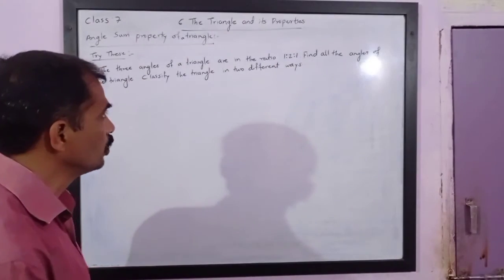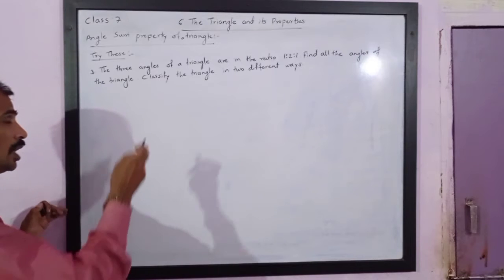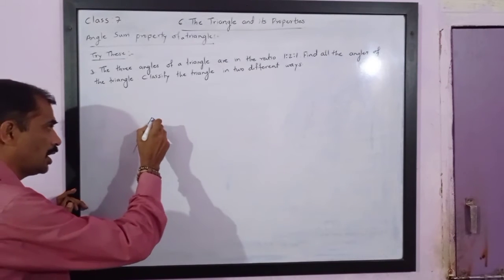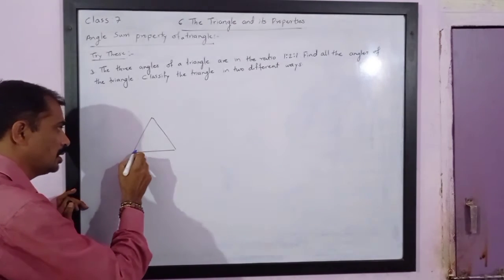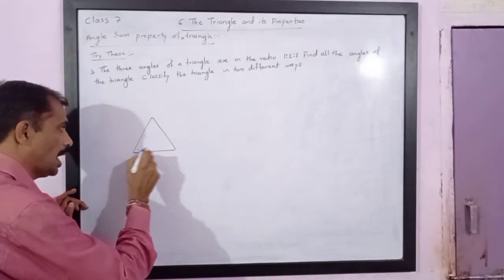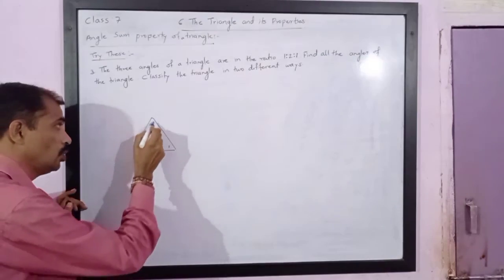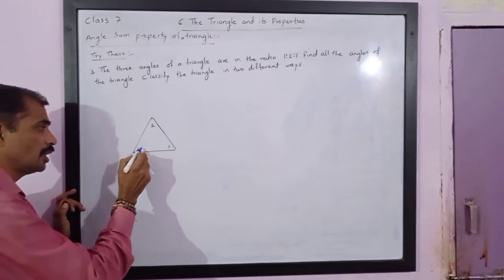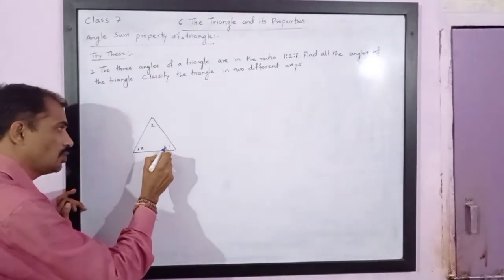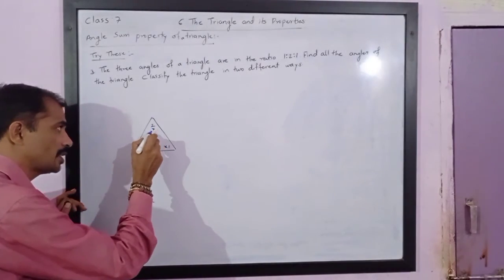So we need to assign some variable to the multiplier. Understand? This is 1 times, this is 2 times, and this is 1 times a certain number. That is, if this is x, this will be 2x and this will be x.